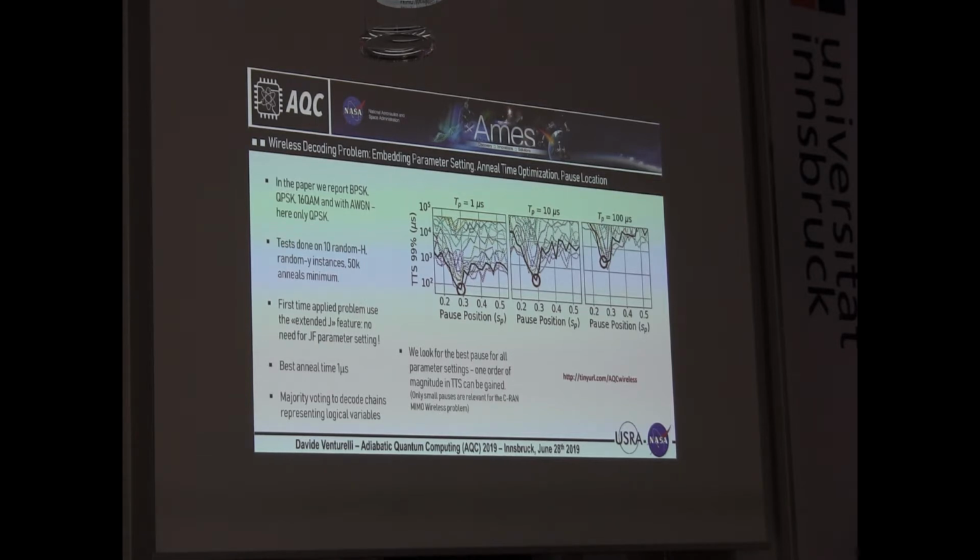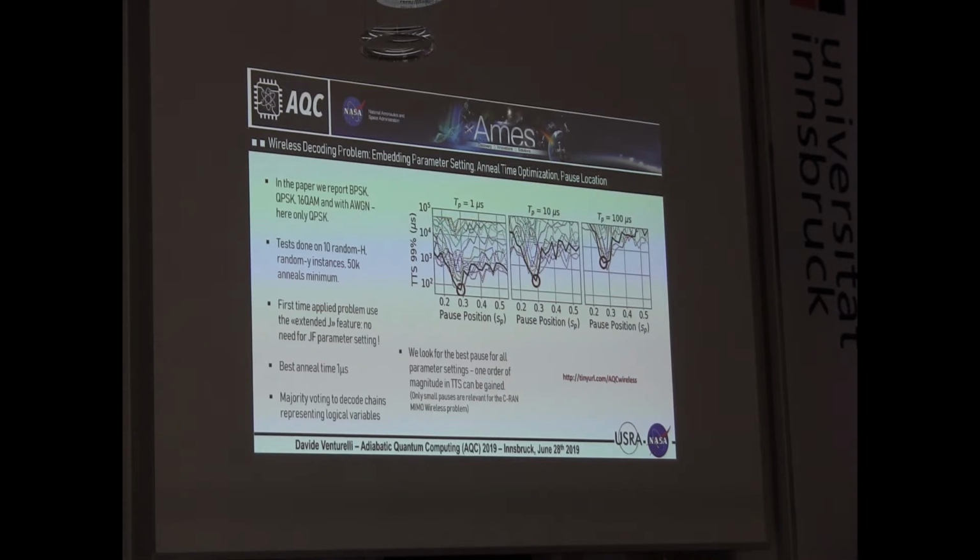Those are plots that show studies where we scanned over different pause locations, and different colors represent medians over instance sets for different ferromagnetic couplings of the embedding. What we see is that there is a best ferromagnetic coupling, and there is a best pause location, but the peak of probability is essentially the same independently from the ferromagnetic couplings you set.